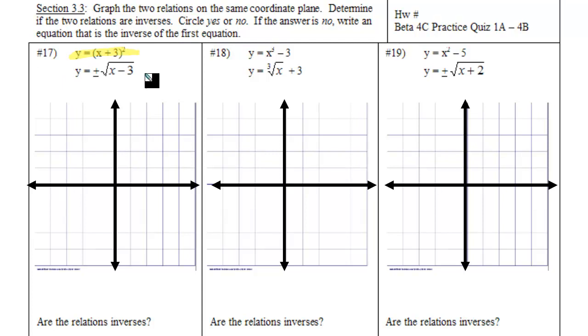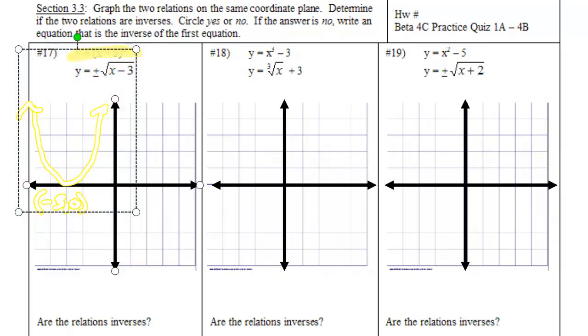That graph resembles the parent graph y equals x squared. This plus 3 translates it to the left, 1, 2, 3. So the curve looks like this. -3, 0. Probably should not have used yellow. Let's change that to green.